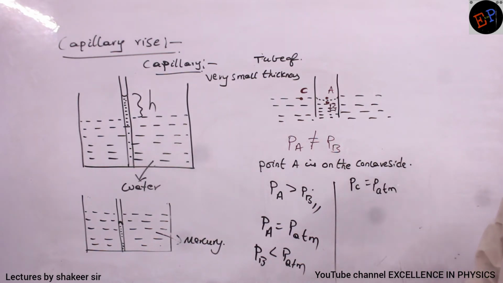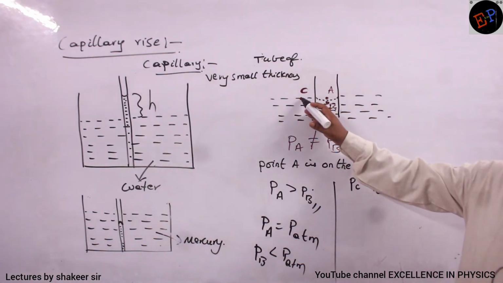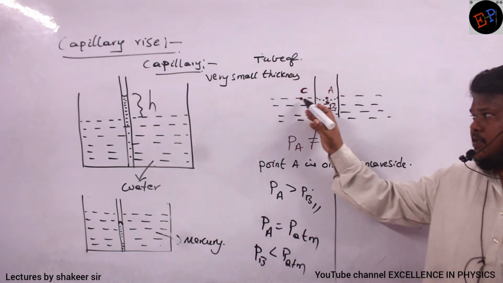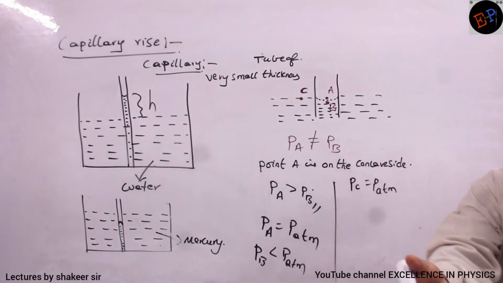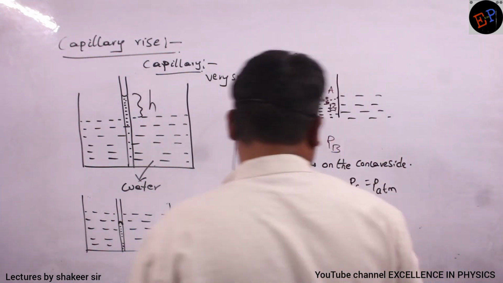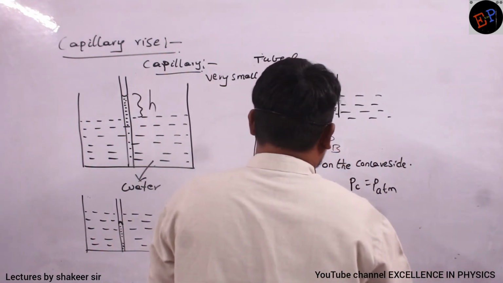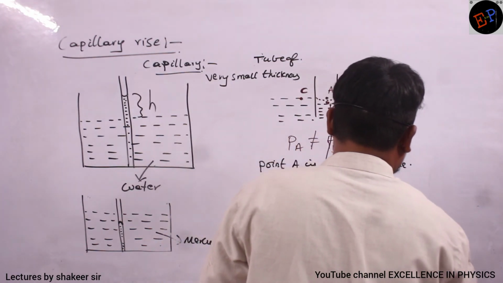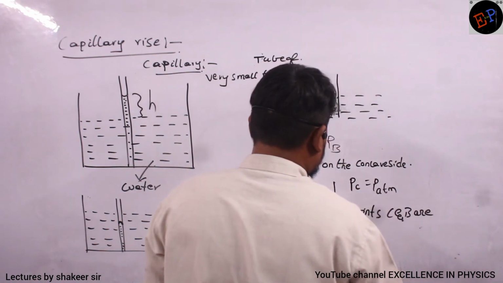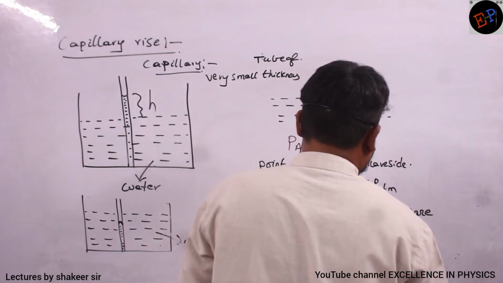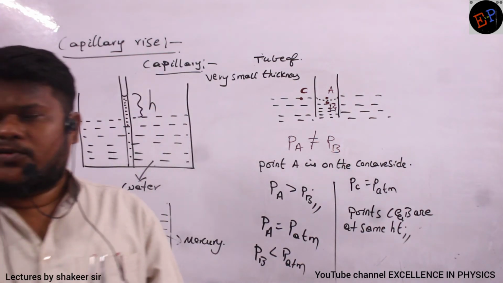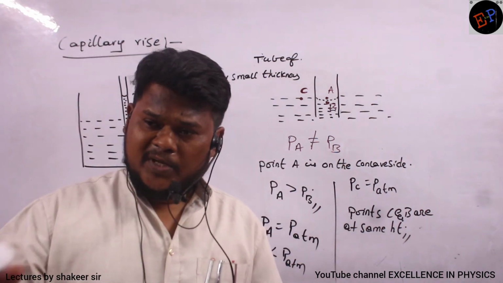Clear? And one more point which I see is that C and B, both of them, are at the same height. So one more point which I note down is that points C and B are at the same height. According to Pascal's law, if 2 points are at the same height, pressure should be equal.